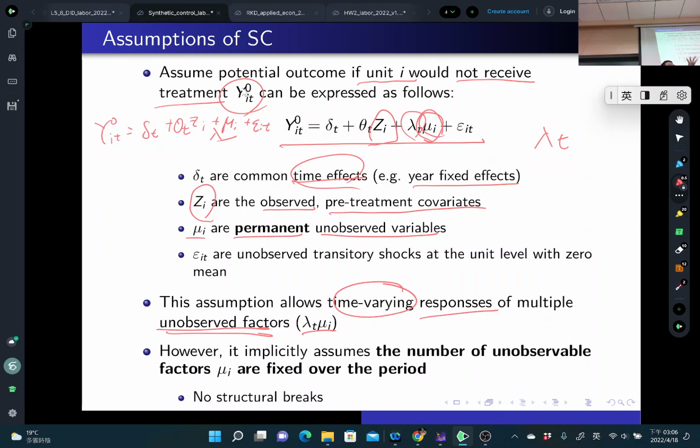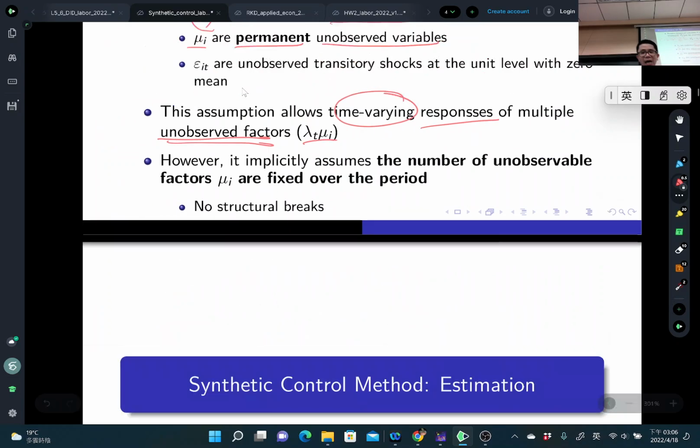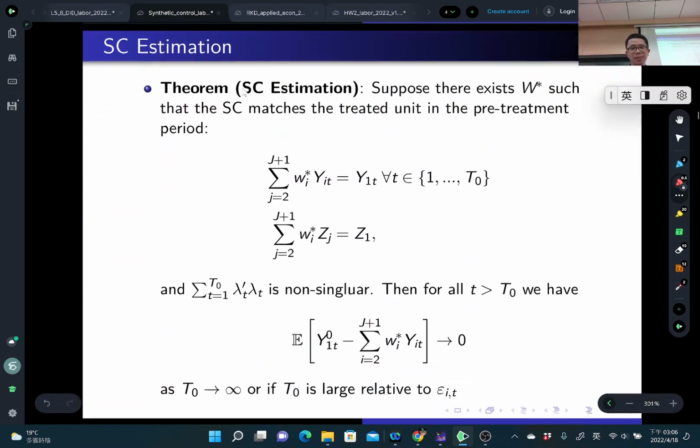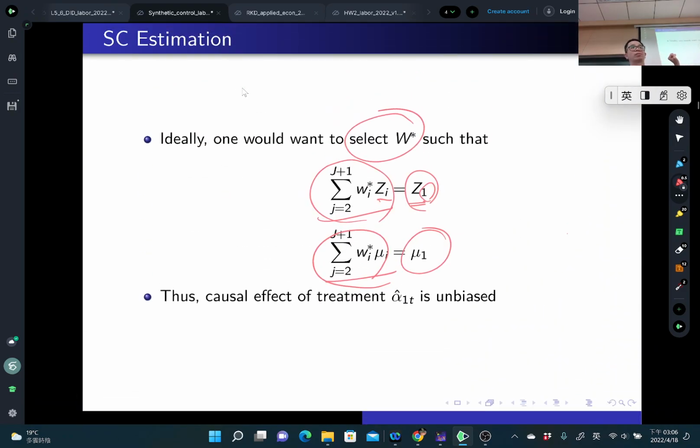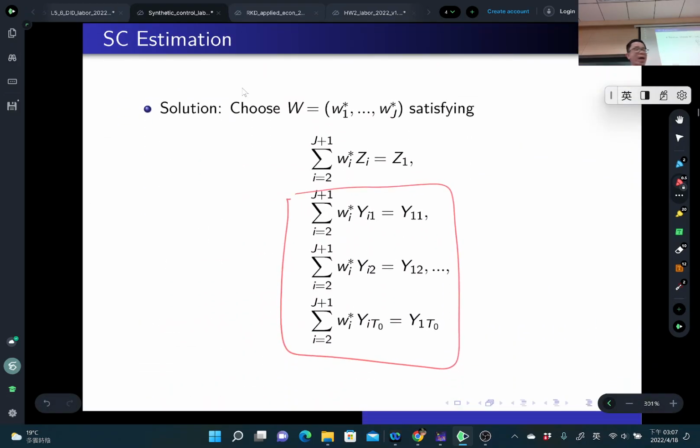So you use the weighted average of non-treated units to match the treated unit's pre-treatment outcomes. If you can find such weights that match this every year before treatment happens, you match the unobserved mu. So that's the solution. That's why we match these pre-treatment outcomes.